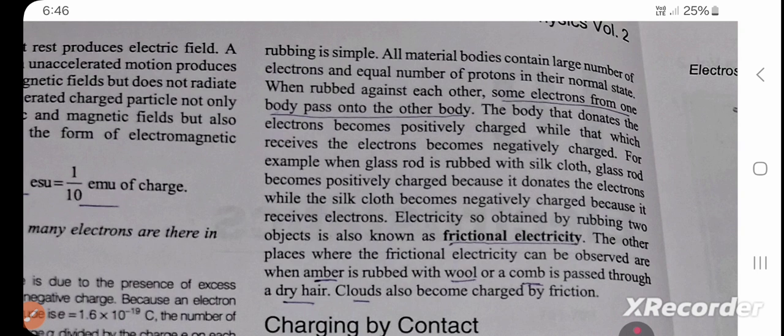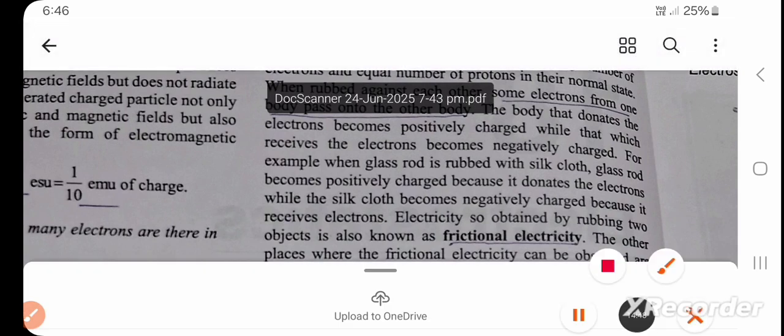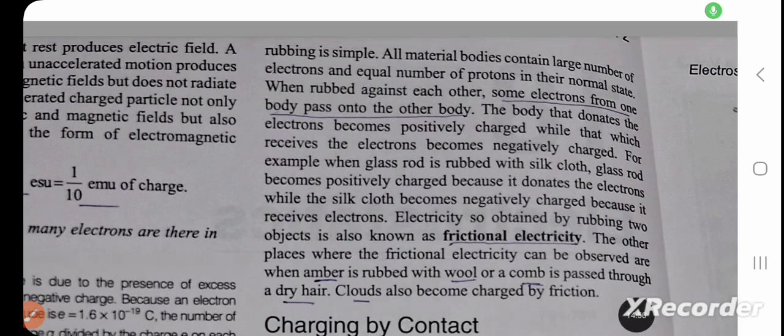The other places where frictional electricity can be observed are when amber is rubbed with wool, or a comb is passed through dry hair. Clouds also become charged by friction process.